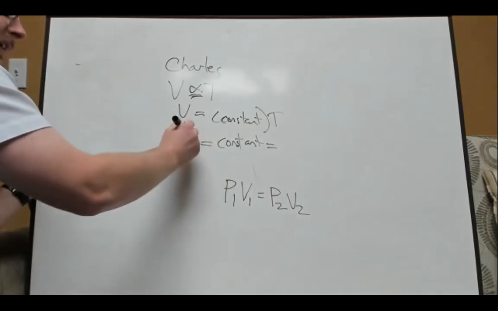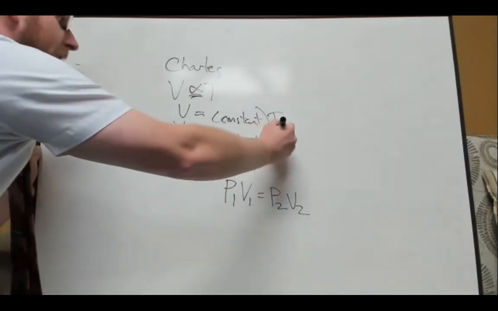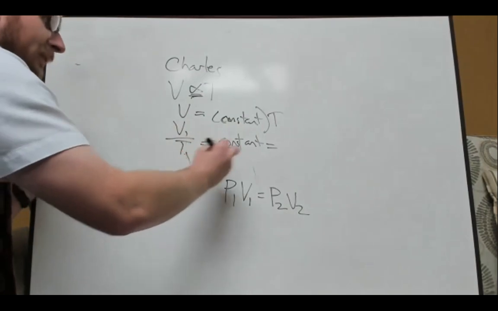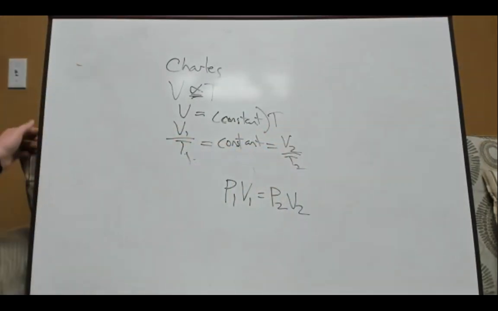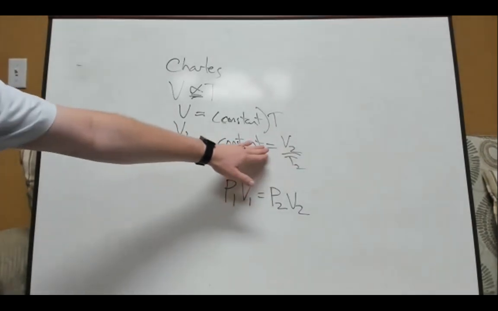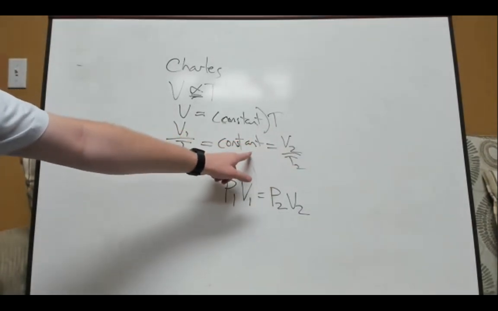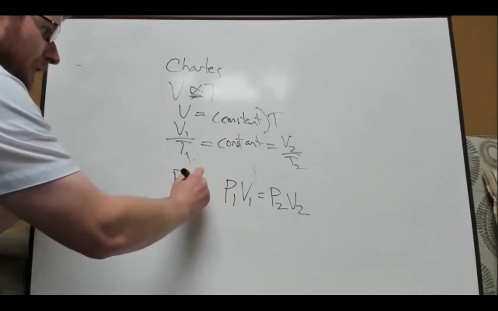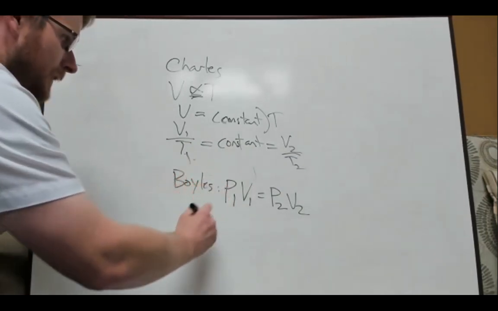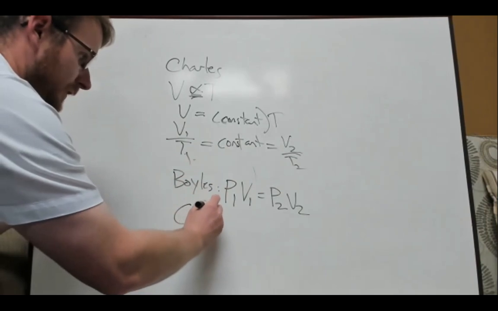And so let's say we have gas number 1. Whoops, got ahead of myself. The volume of a second gas divided by the temperature of the second gas is going to be a constant. And so if this is Boyle's, this is Charles's.